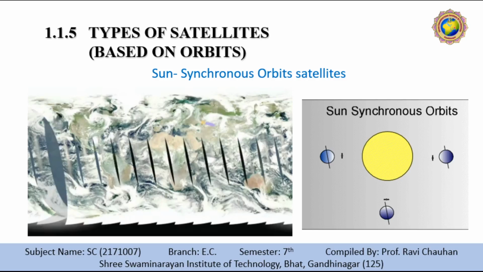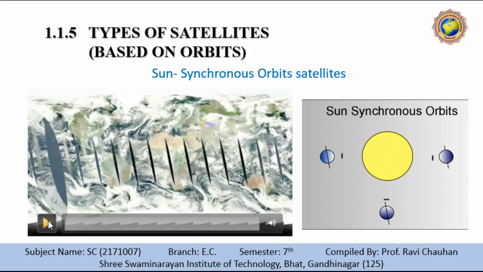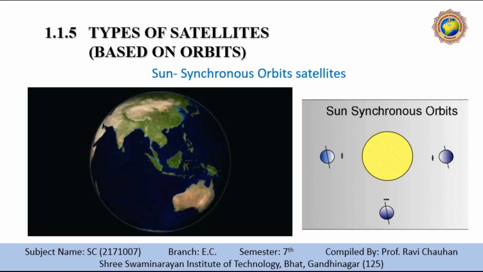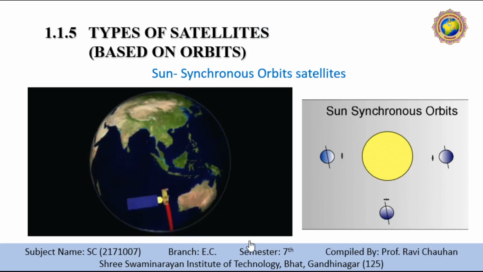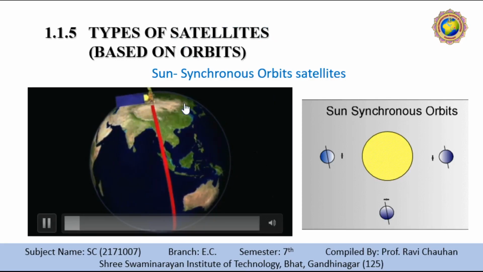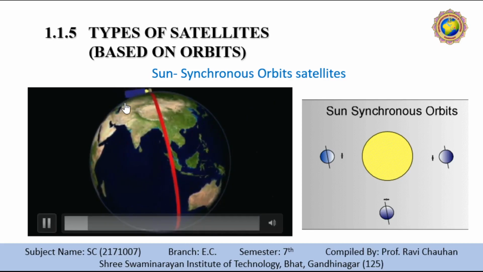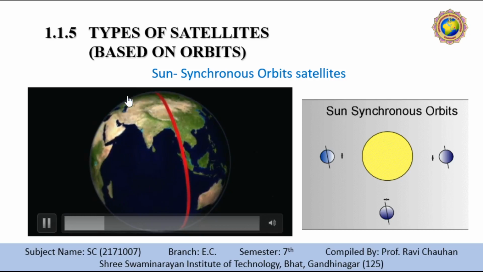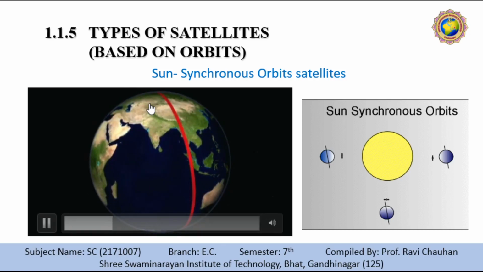I think this animation will help you understand the working of sun synchronous orbits. Let us see again. Our satellite moves in this direction, and it will cover the area. It is our India.